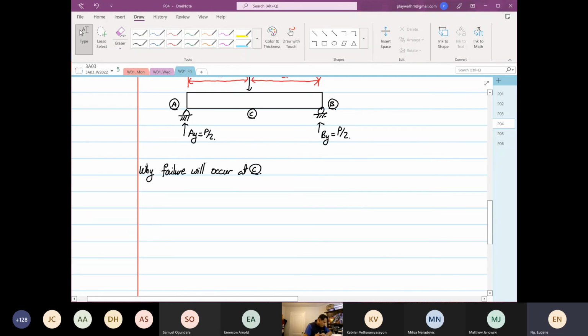So we are going to form the shear force and bending moment equations.